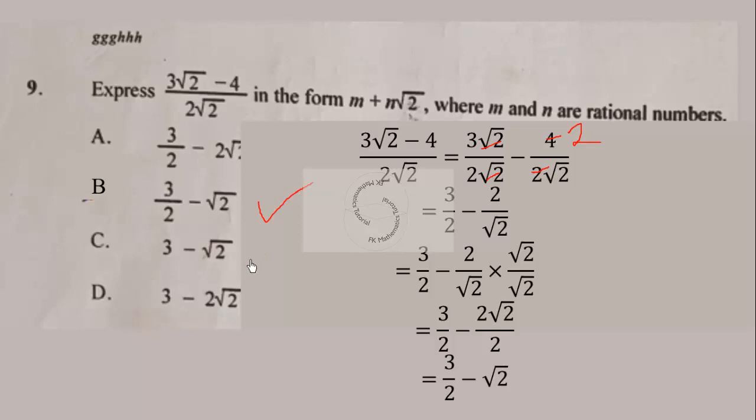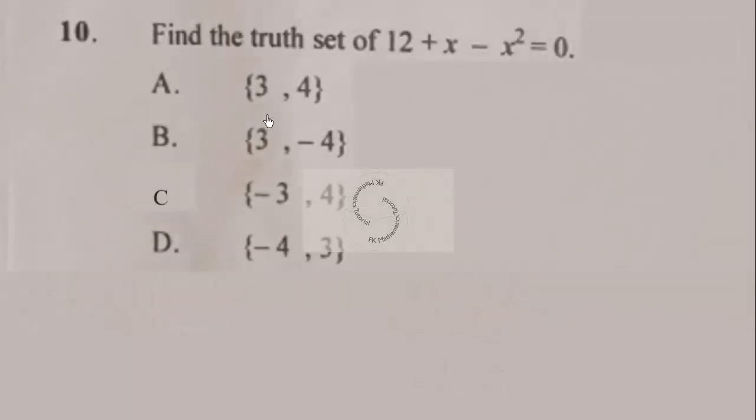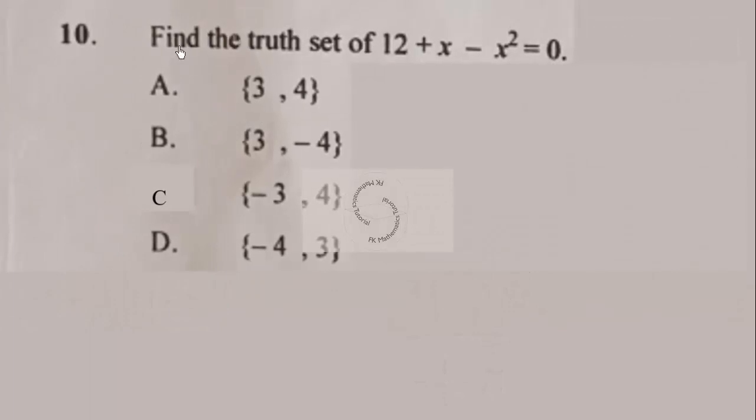Now the last question for this video, which is question number 10. We have to find the solution set of 12 plus x minus x squared equals 0. So in this case, we are going to rewrite in the standard form. So we let this one come here, it becomes positive, this comes, becomes negative, this comes, becomes negative, is equal to 0.